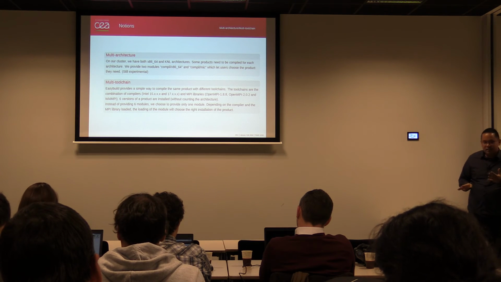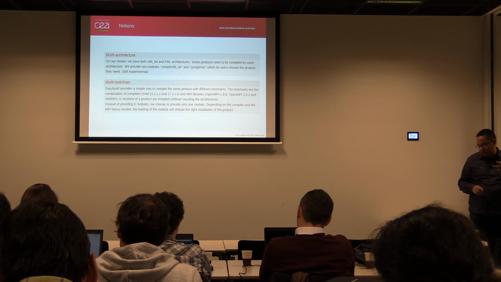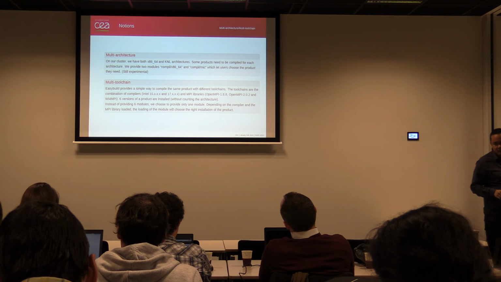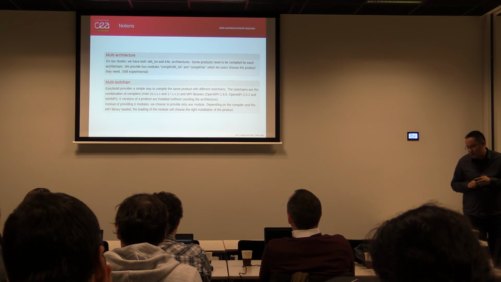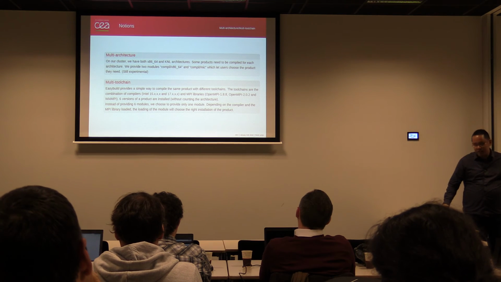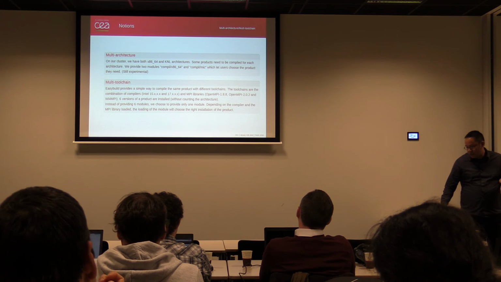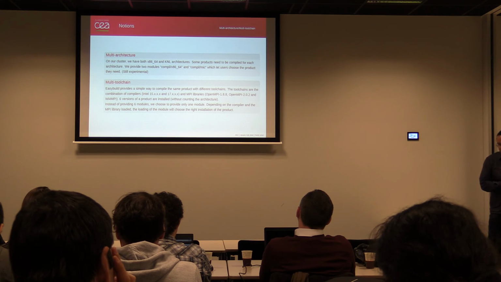So we decide to compile all our products with these two toolchains, Intel 15 and Intel 17, plus the combination of different MPI libraries. We are using OpenMPI 1.8.8, OpenMPI 2.0, and Intel MPI.